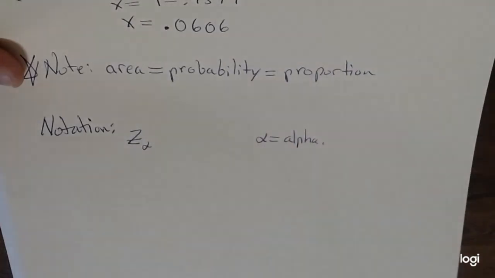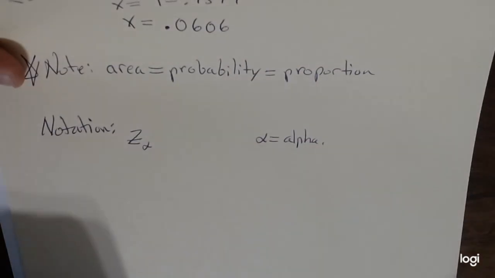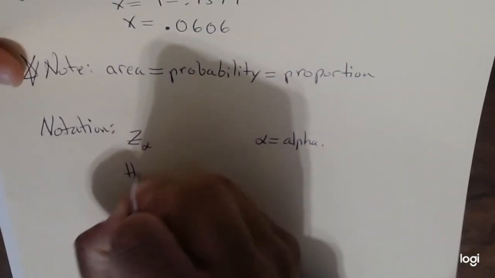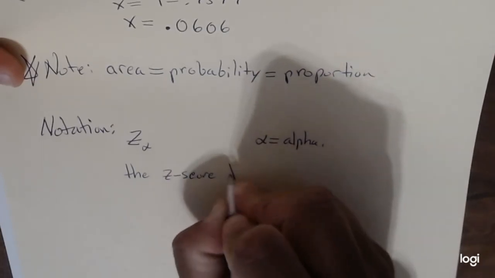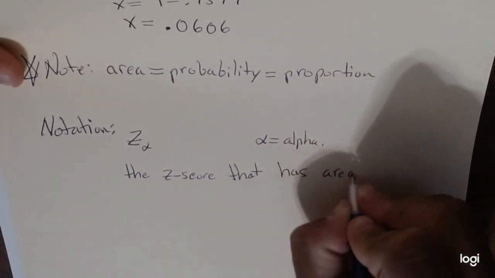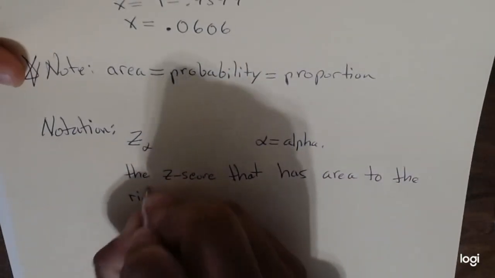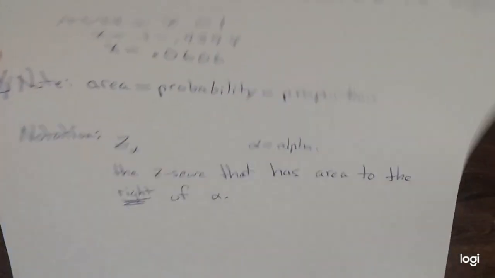Do I want to talk about this yet? Yes, I actually do. What this is saying is the z-score that has area to the right of alpha.